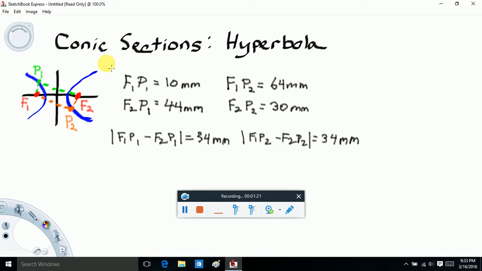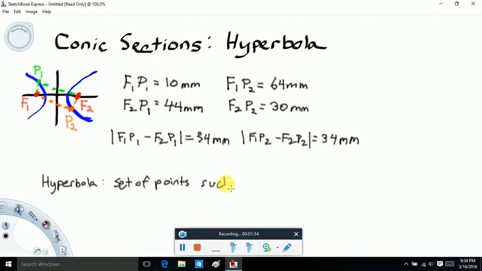So by definition, the hyperbola is the set of points such that the difference between the distance from P, a point here, and two fixed points, F1, F2, the foci, is a given constant.